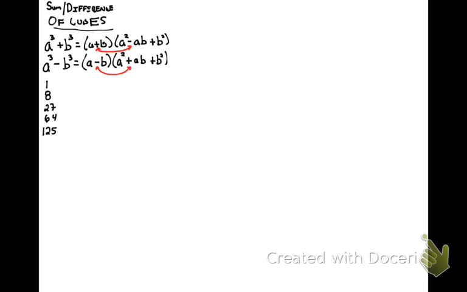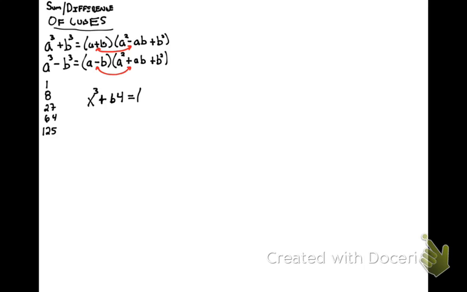So first example, x cubed plus 64. Well, this is sum of cubes, so it will factor into a plus b.